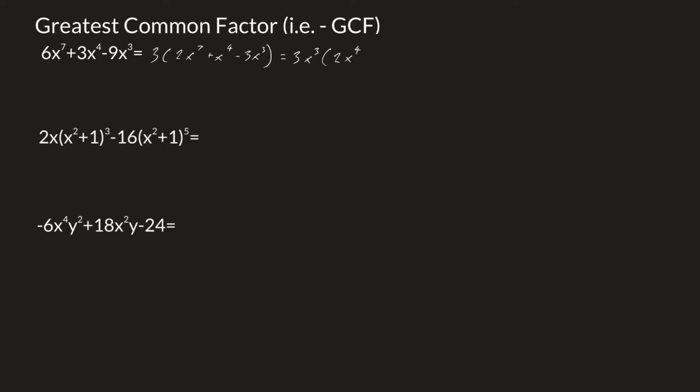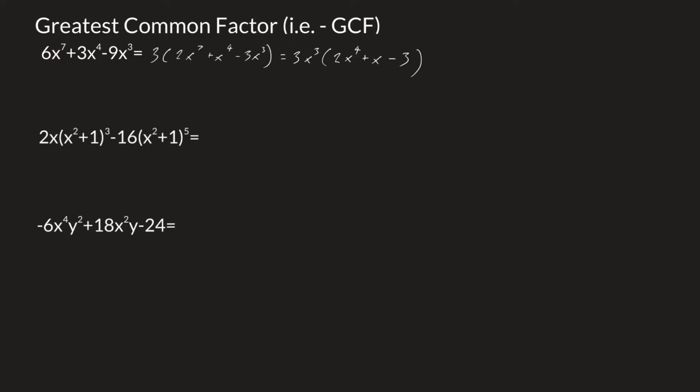Remember your laws of exponents, plus x minus 3, okay? So now if we're looking inside the parentheses, it should all be factored, right? There's nothing else left in common between the coefficients or the x's.